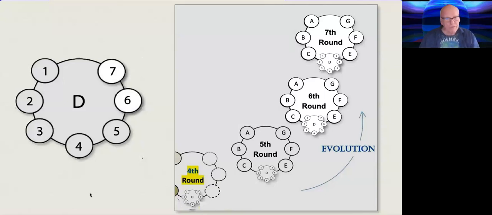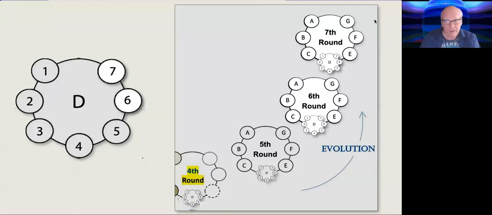A preview of the synthesis that will be brought about during the 6th and 7th rounds will occur during the 6th and 7th sub-races of our 5th root race. So, again, it highlights the importance of numerology here, right? It doesn't matter at what level you're speaking, whether it's a sub-race, a root race, or a round, the 6th and 7th iterations of those are synthetic to the degree of what they're working with, right?